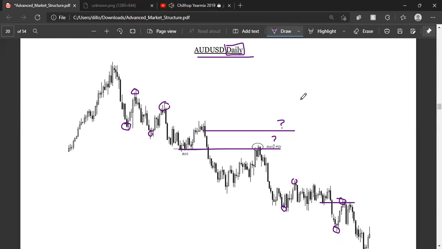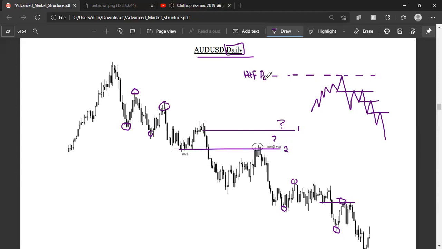Well, that's where this comes in, when I tell you guys all the time, if you don't know if it's the higher one or the lower one, you need to wait for structure to be broken on lower time frames from this higher time frame point of interest. So we wait for that rejection right here on a lower time frame.